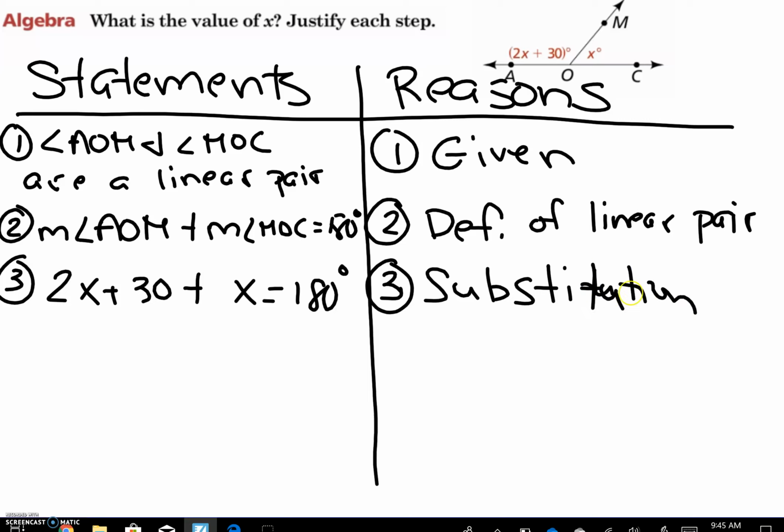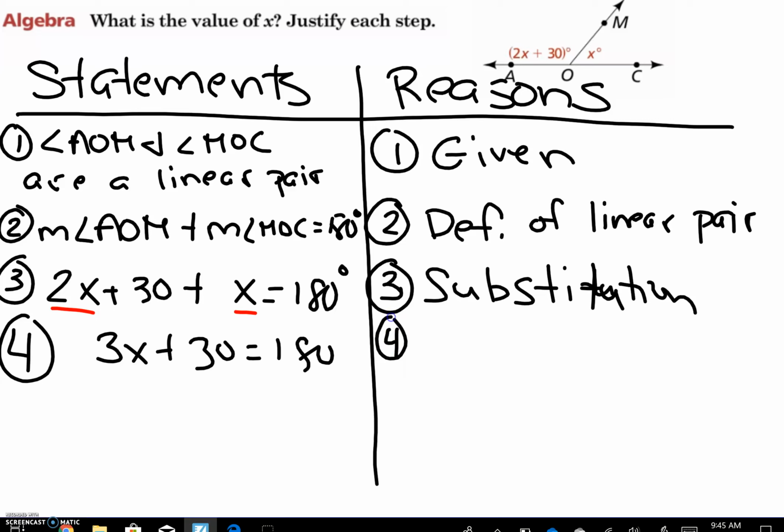Our next step is we have to combine like terms. So we're going to combine this and this. So we have 3x plus 30 equals 180. And again, our reason is what we just said: combine like terms.